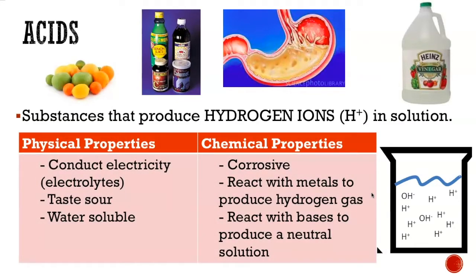Comparing some physical properties, acids can conduct electricity, they're electrolytes. They typically taste sour, like citrus fruits, which are all acidic. And they're water soluble, so they can be dissolved in water. We've got some pictures here: stomach acid and vinegar, which might be common acids you've heard about.